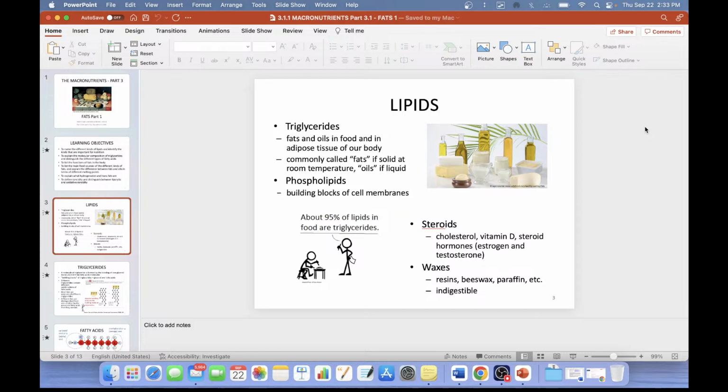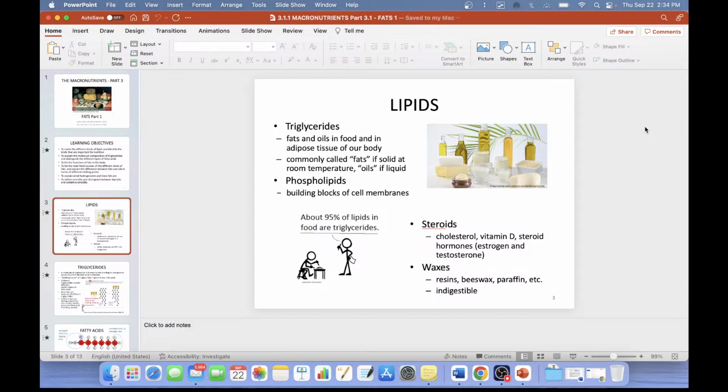Now, what are triglycerides? Triglycerides are by far the most important of the 3 types of lipids, and they are the ones that we normally call fats and oils, or simply fats. They constitute about 95% of the lipids in food, the remaining 5% being a little bit phospholipids and the other bit steroids.